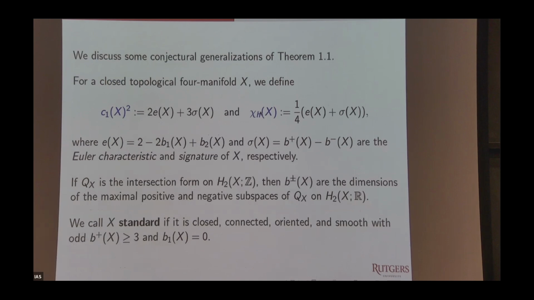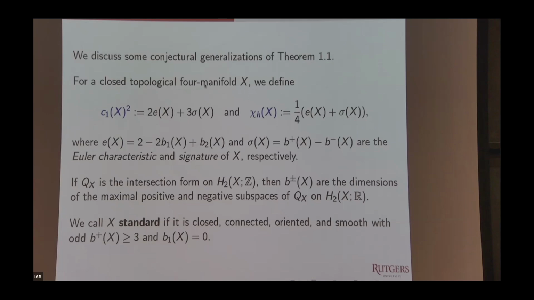So first of all, I mentioned that this inequality could be expressed purely in terms of Betti numbers, and I want to make good on that promise. So first of all, if you read the books on complex surfaces and the like, then you find that C1 squared can be expressed in terms of the usual Euler characteristic of the four-manifold and the signature.